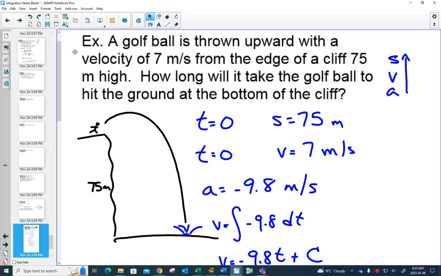Which place am I trying to solve this? What does it mean when it hits the ground? When it hits the ground, its displacement will be 0.